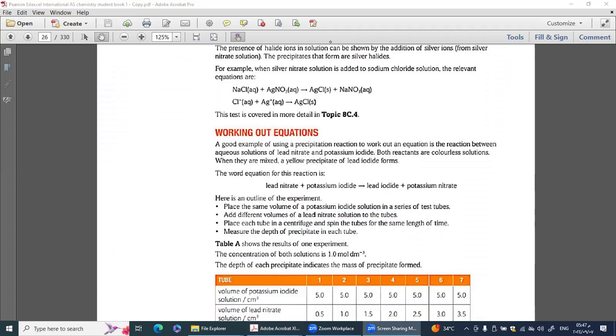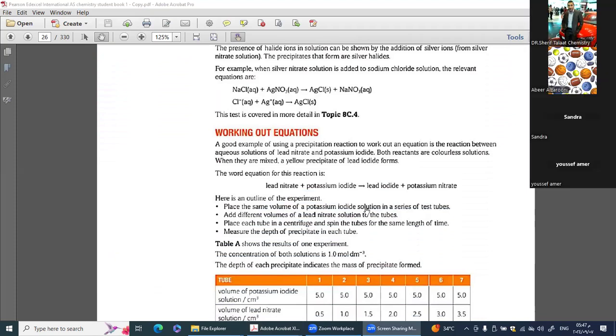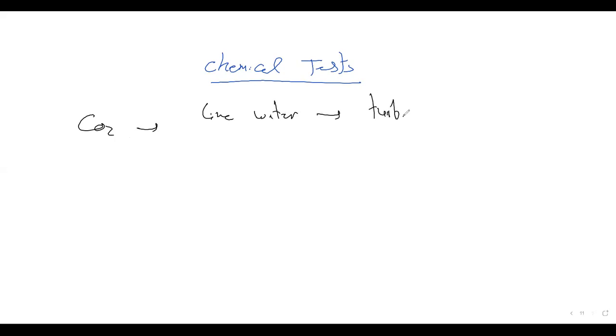So in chemical tests, for carbon dioxide, passing through lime water, it becomes turbid or murky or cloudy due to the formation of calcium carbonate as a white solid.